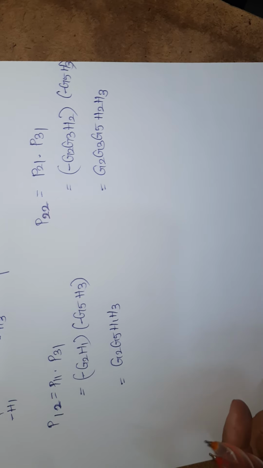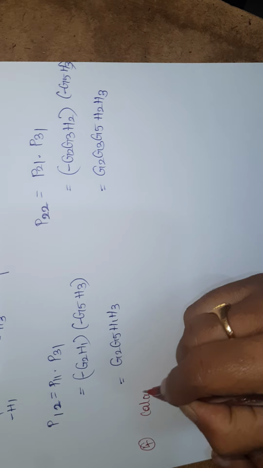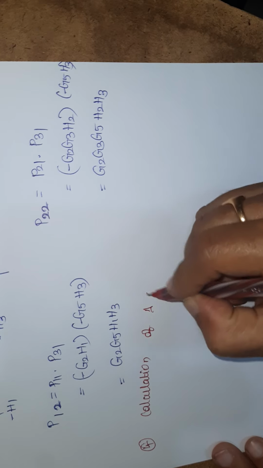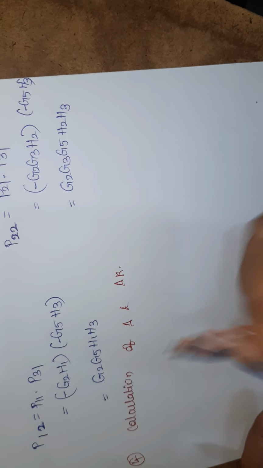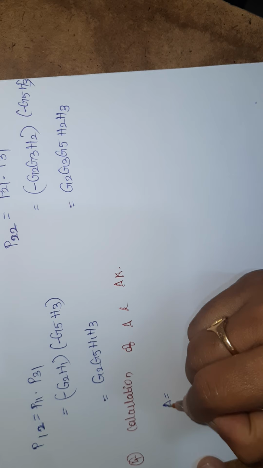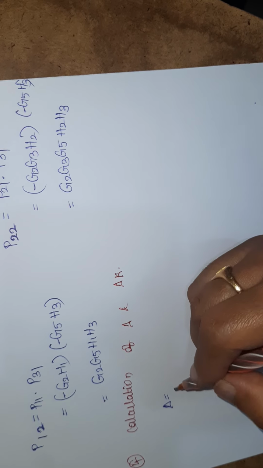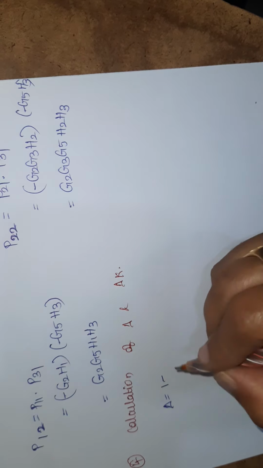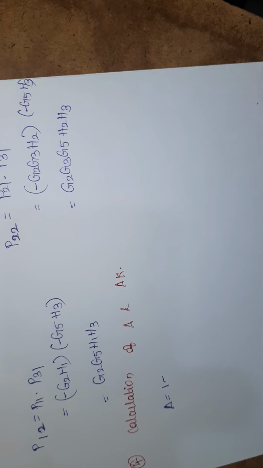The fourth step I need to do is calculation of del and del K. So how to calculate the del? What is the formula? I am having del is equal to 1 minus sum of individual loop gains.